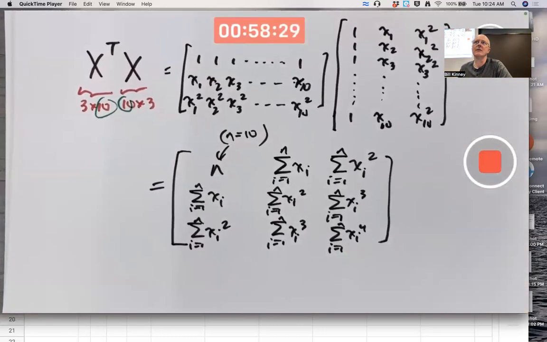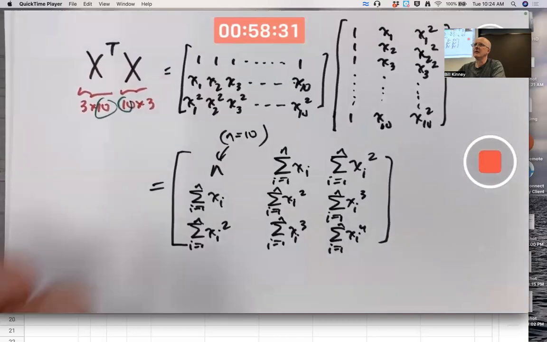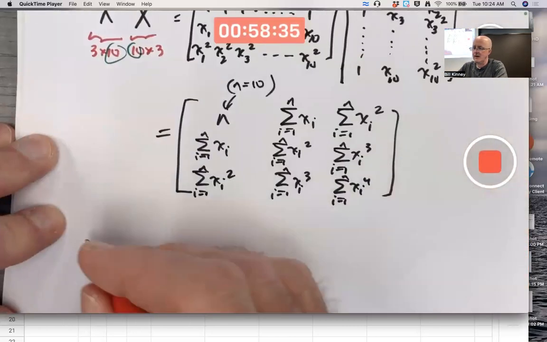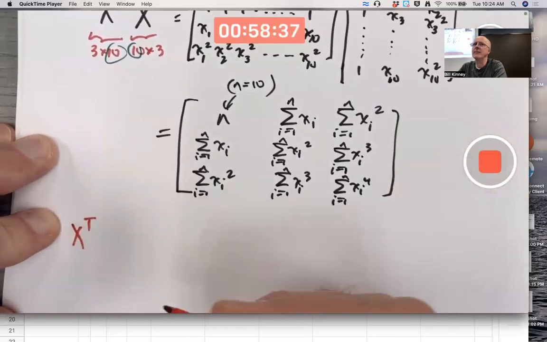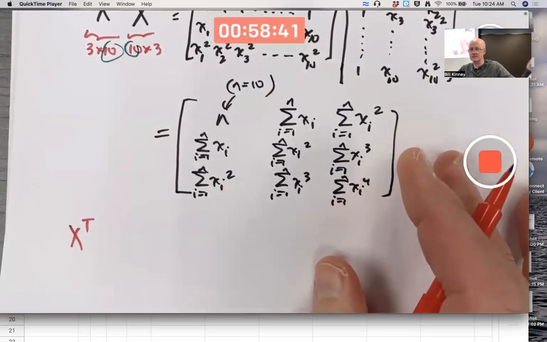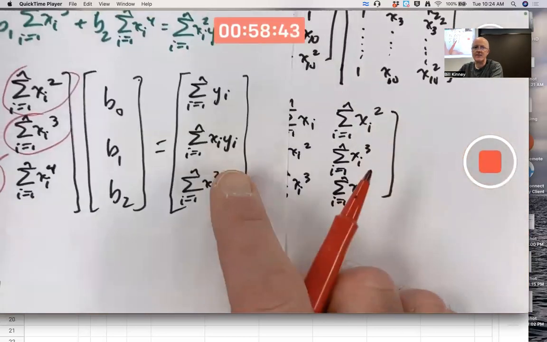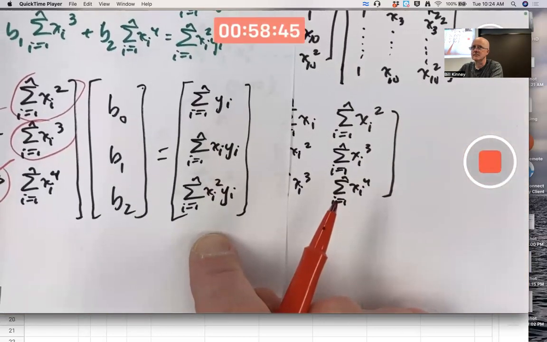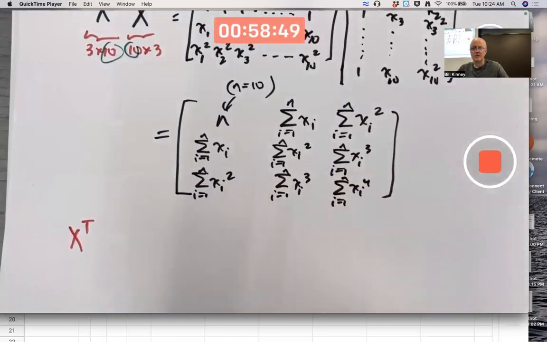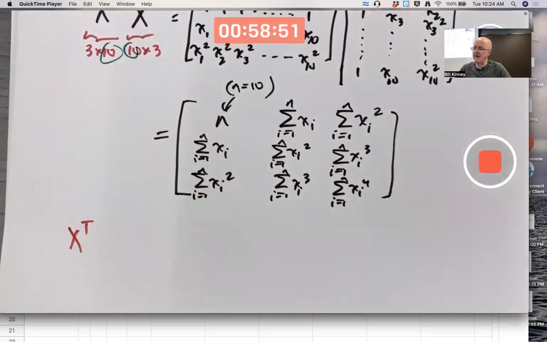Also, if you compute x transpose times the vector I called y before, no, excuse me, I called that vector y before.